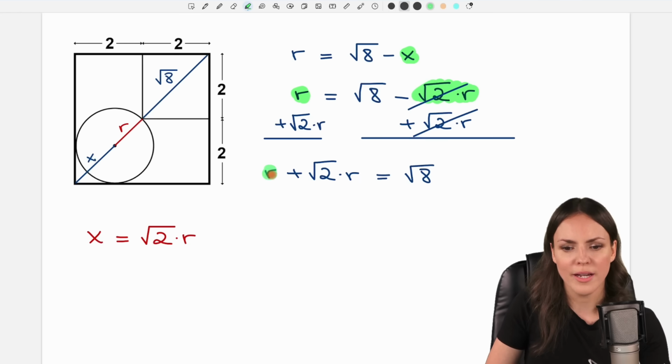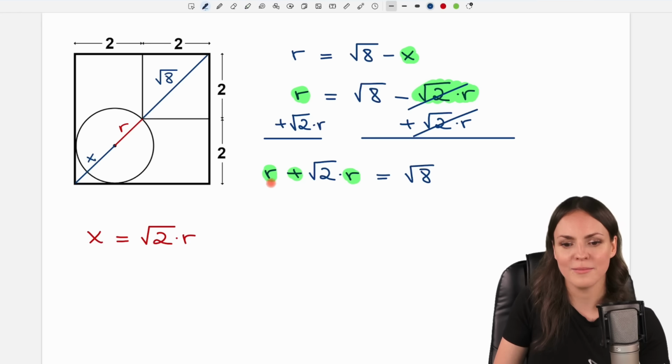Okay, then I have my r's on one side of the equation, but they are not yet in one spot. If I want to solve for r, I cannot have two separate r's here, but because I have a sum here and r is in this part of the sum and this part of the sum, I can factor out an r.